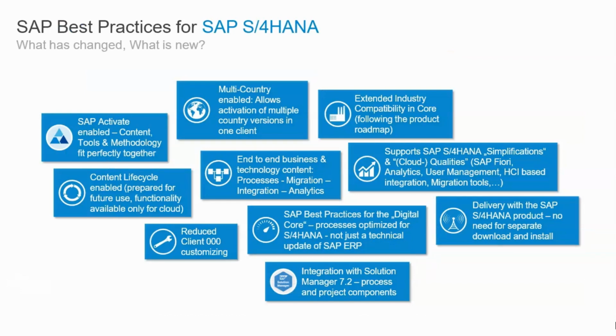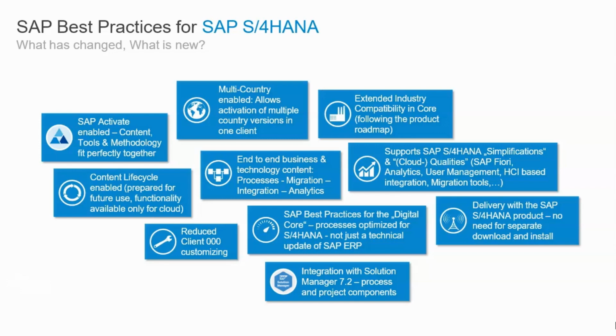Now we have got a lot of new things that have been added, a lot of things that are modified in the SAP S/4HANA best practices. Like the SAP Activate methodology is enabled, content, tools and methodology fit perfectly together. So these are all part of S/4HANA. Then we have multi-country enabled: SAP S/4HANA's latest innovations allow us to activate multiple country versions in one client, extended industry compatibility in core following the product roadmap, end-to-end business and technology content, process migration, integration analysis, supports SAP S/4HANA simplification.